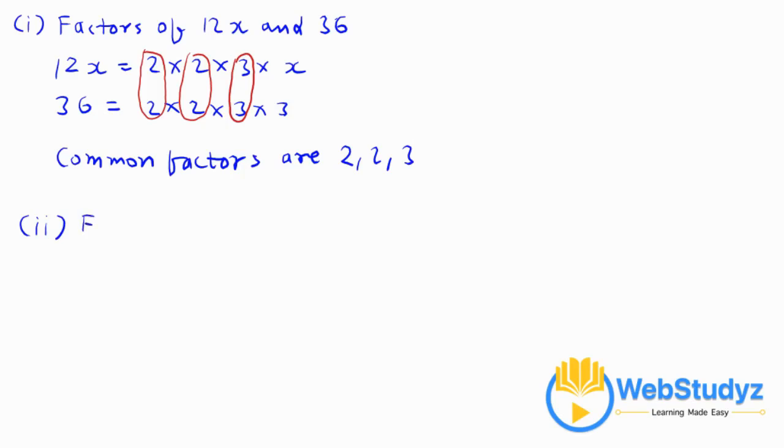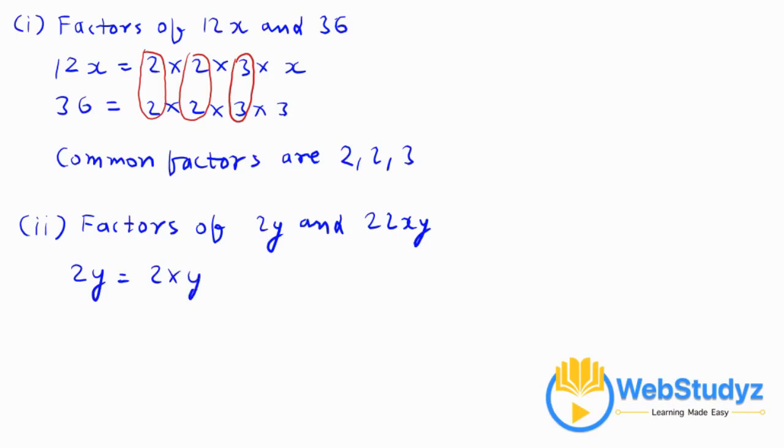in which we have to find out the common factors of 2y and 22xy. So factors of 2y will be 2 into y. Similarly, factors of 22xy is equal to 2 into y into 11 into x.